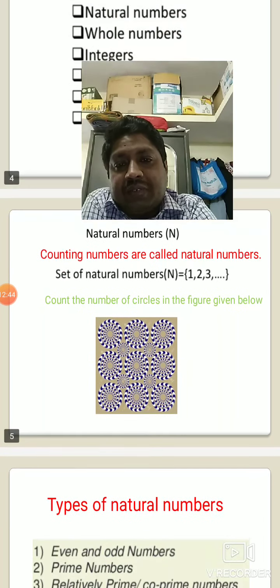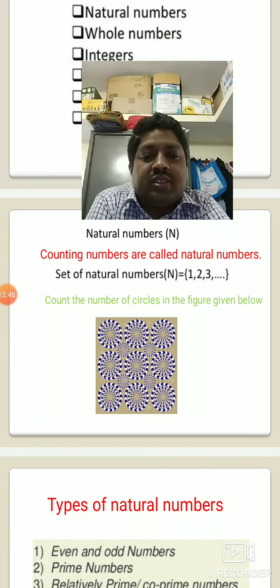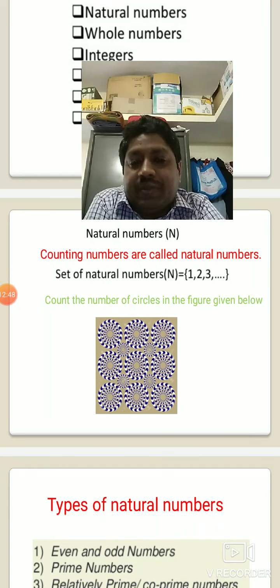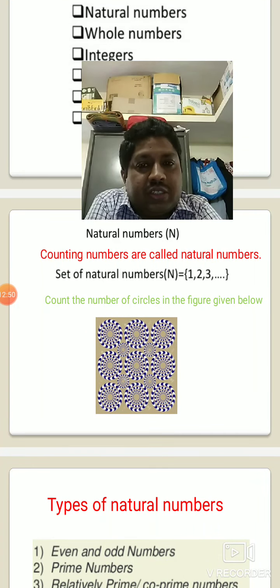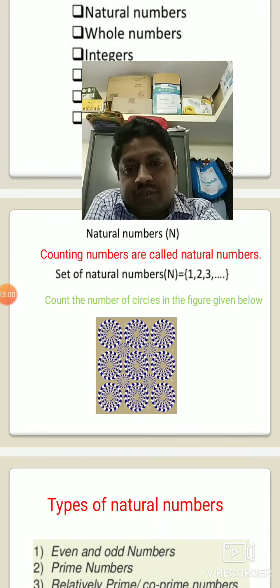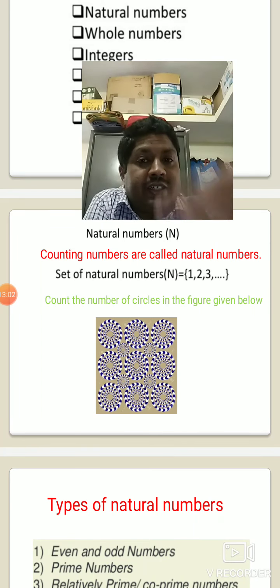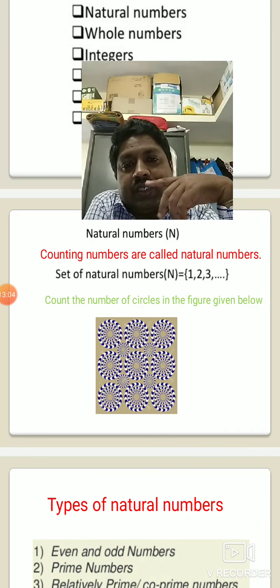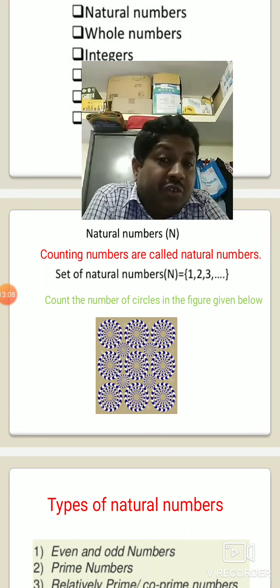So, one counting activity. Count the number of circles in the figure given below. Just count, it's an optical illusion. When you start counting, you will be concentrated. Okay, count the number of rings, and finally we'll tell the answer. So this is a counting activity. Counting activity is very important, children. For example, count 1 to 100.